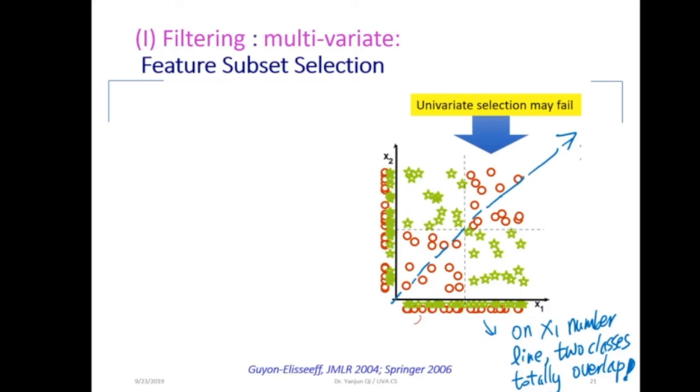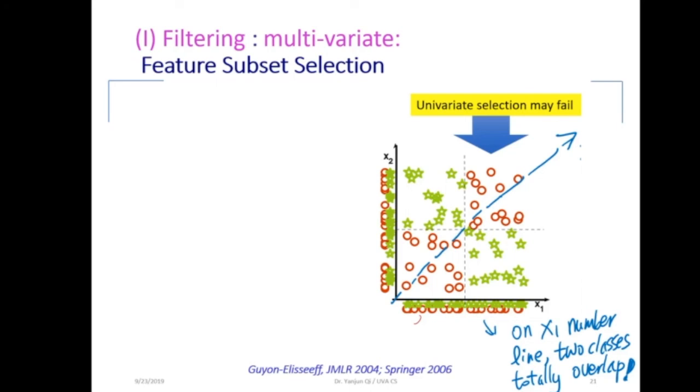So you can actually tell if you use the t-test intuitions I just showed you. This is the x1 feature, this is the x2 feature, and the star versus the circle means two classes, and also the color, yellow or red, means two classes.